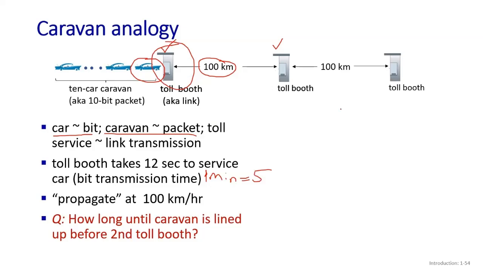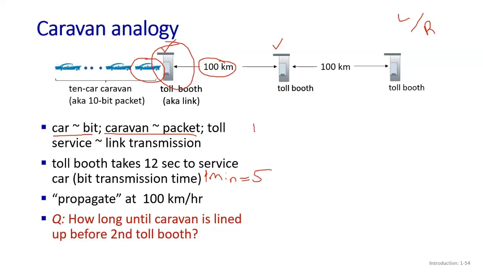If you remember the formula L over R for the transmission delay, in this analogy, if you think of this caravan as a packet, since there are 10 cars in this caravan, the length of this packet is 10.